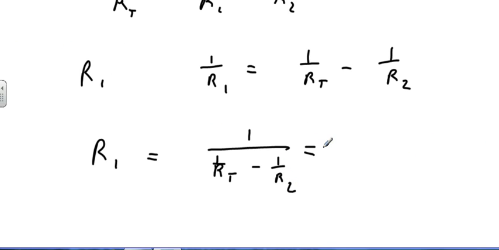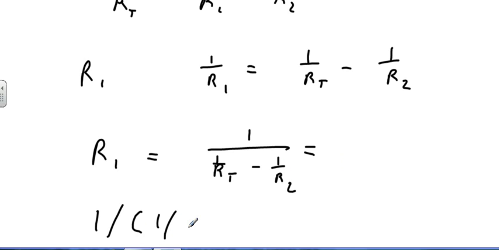And now it's time to put it in our calculator. 1 divided by, parentheses, 1 divided by R total.